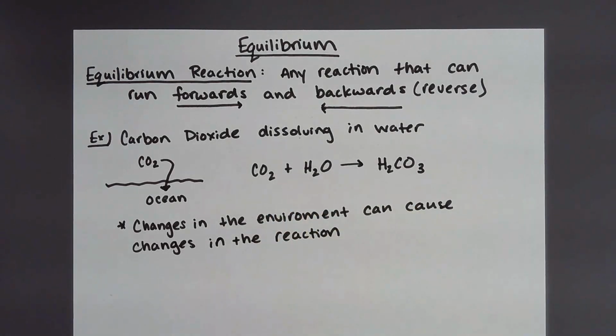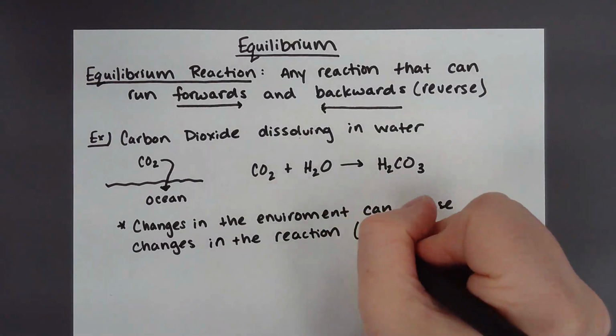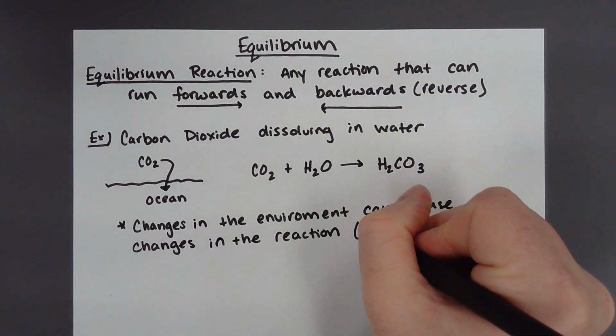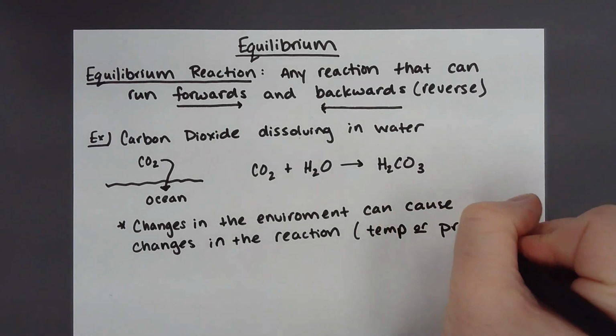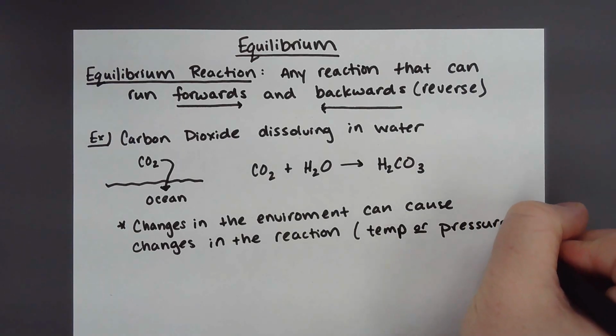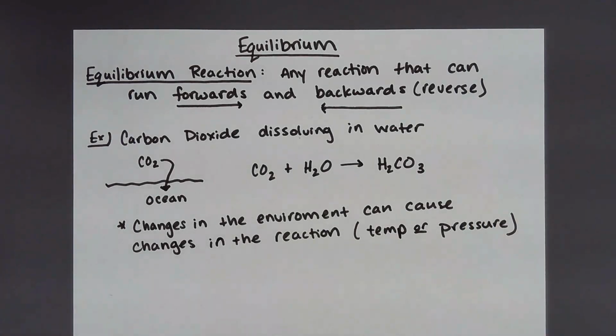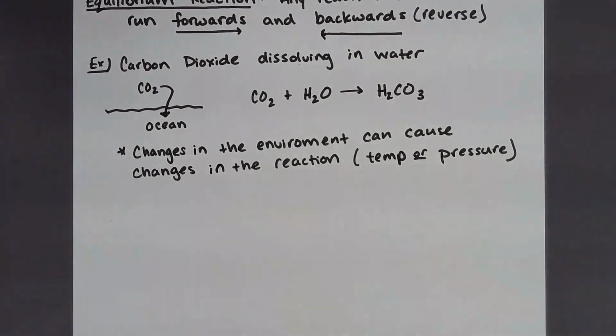And changes in the environment can be similar to what we've talked about before. We could have a changing temperature, or we could have a changing pressure. Now, for this specific example, we're going to look at changing temperature.